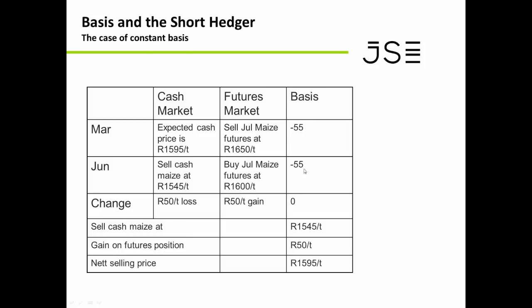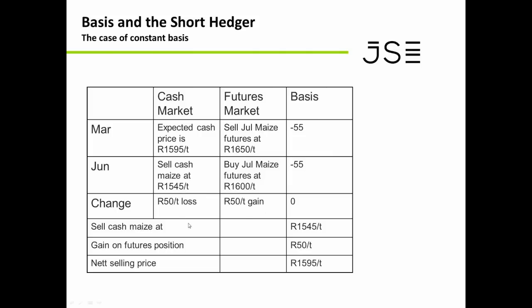But we know that, again, the basis remained constant. So that allows us to determine our cash price in June, what the spot market price would be. And you see there, if you take this, then less 55 will give us that amount.